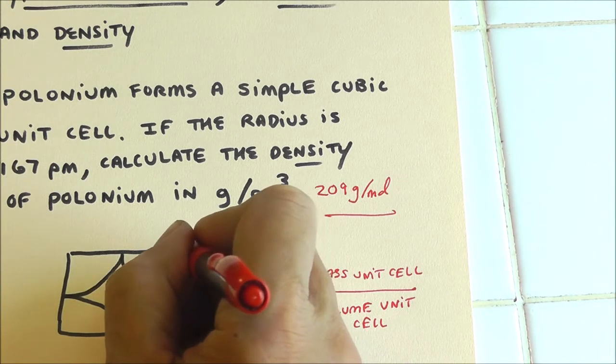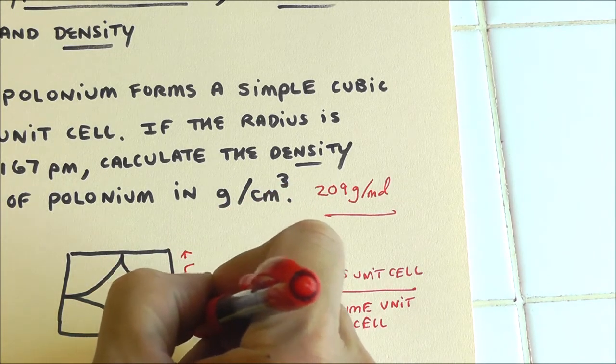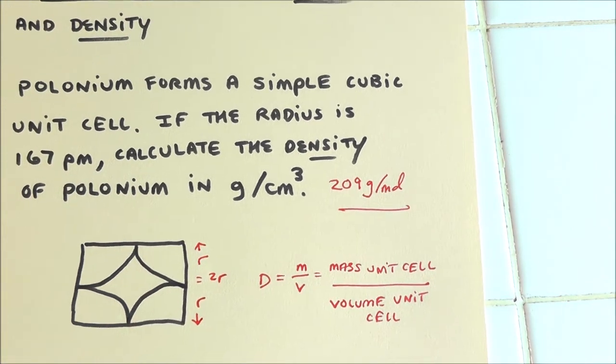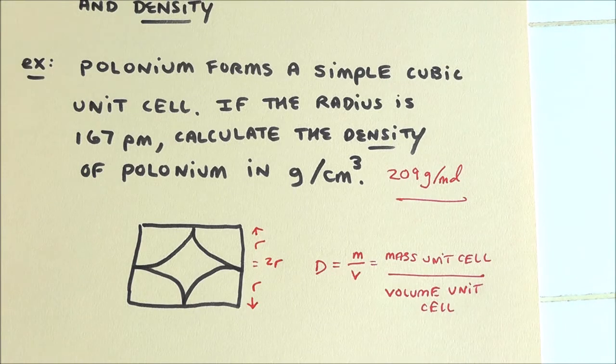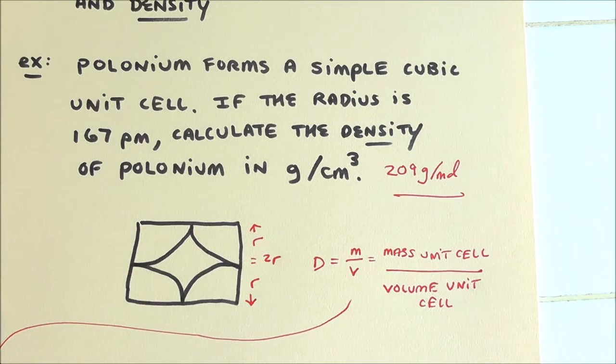That's a radius. That's a radius. So 2r is the length. And so the volume is going to be the length cubed. That's why it's called a cube, right? So let's translate this into a strategy for how we're going to solve this problem.